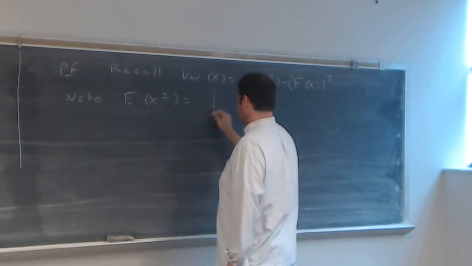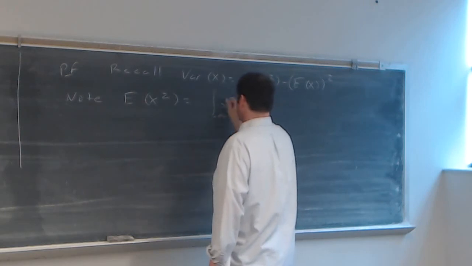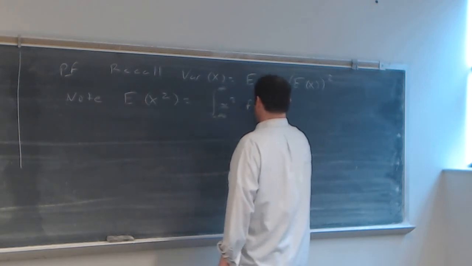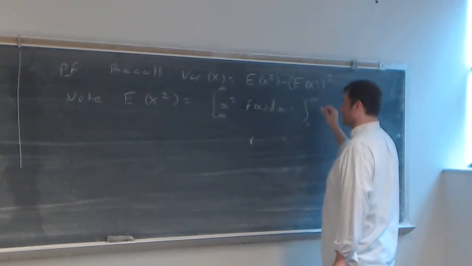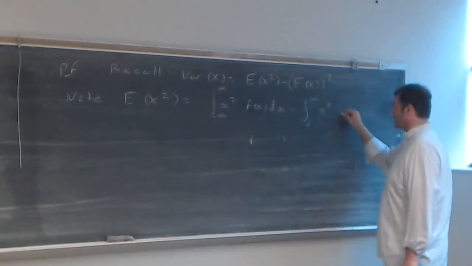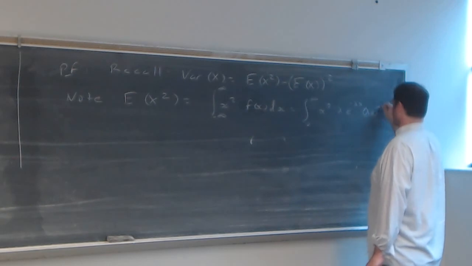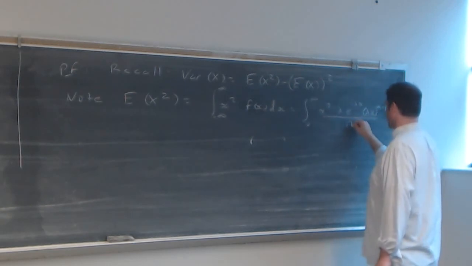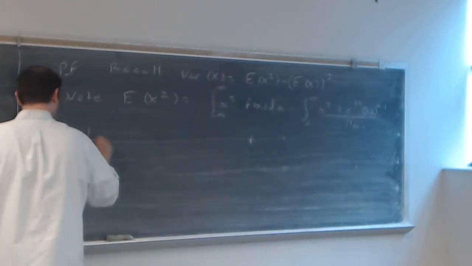It's going to be equal to the integral of x squared f of x dx from minus infinity to infinity, which we can rewrite as the integral from 0 to infinity of x squared, because of the way the PDF is defined, lambda e to the minus lambda x to the alpha minus 1 over gamma of alpha. We pull out that 1 over gamma of alpha.